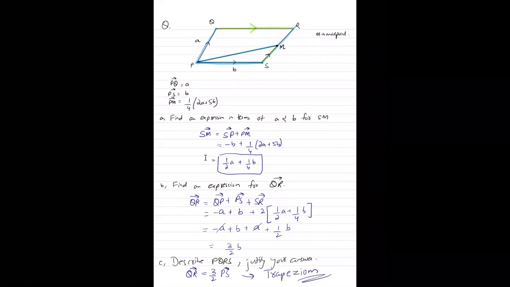But in trapezium, two sides are parallel, whereas the other two sides are not parallel. So this shape is a trapezium. Okay. Any problem? Any query in this? No, I got it. Okay.